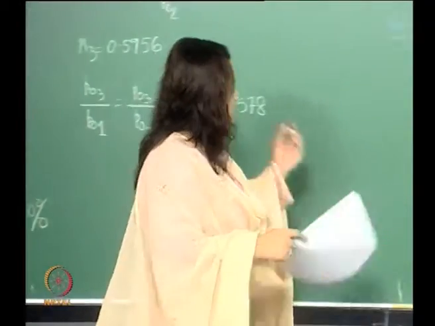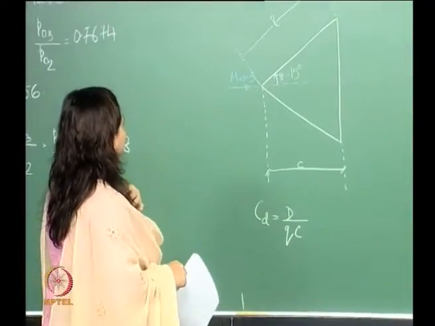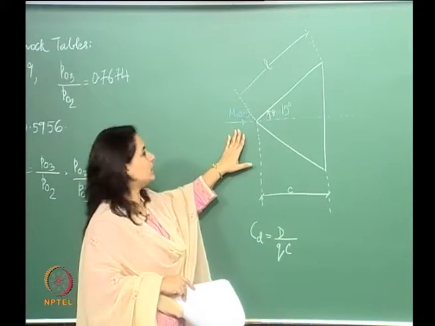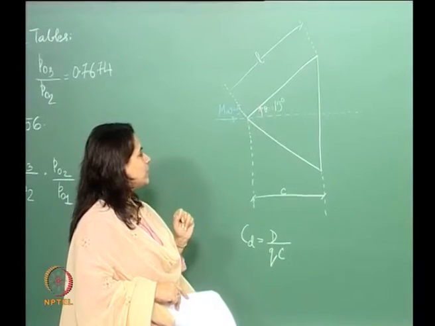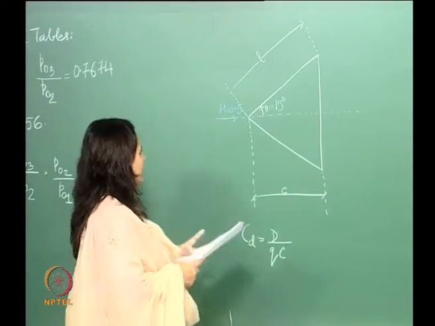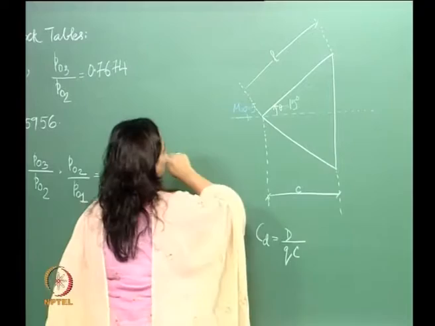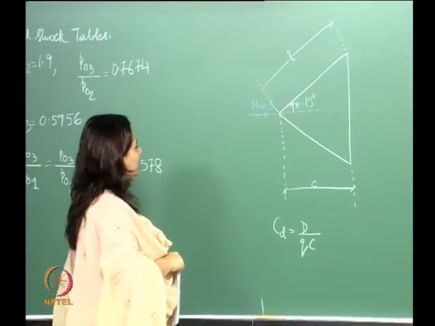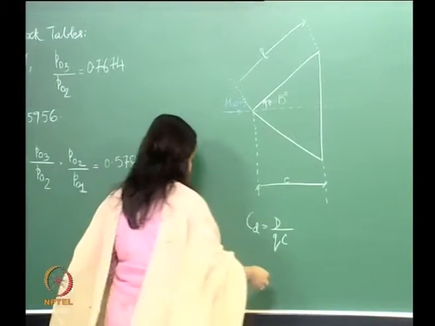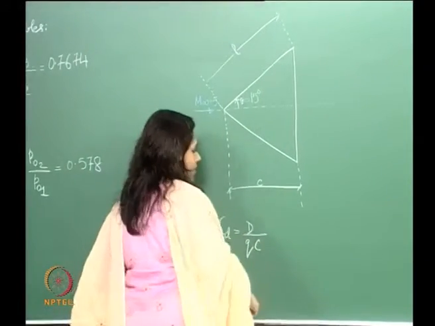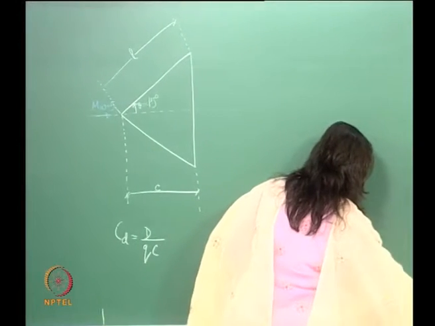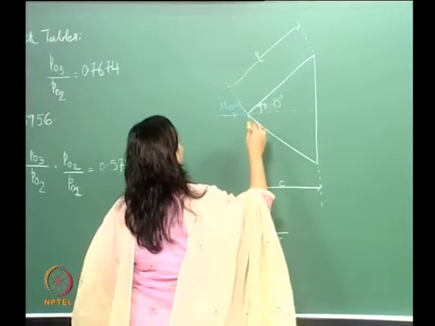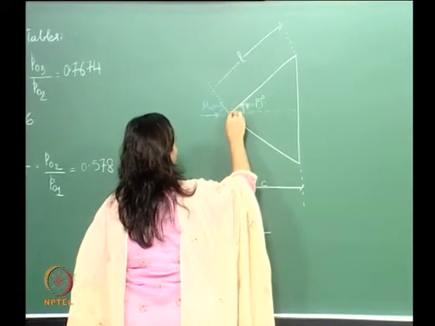So you can see here that I have a Mach 5 flow, and I have a wedge out here. So I'm going to have a shock. I have a supersonic flow coming in when we have a wedge like this, so we will have a shock. So let us draw a shock structure over here.